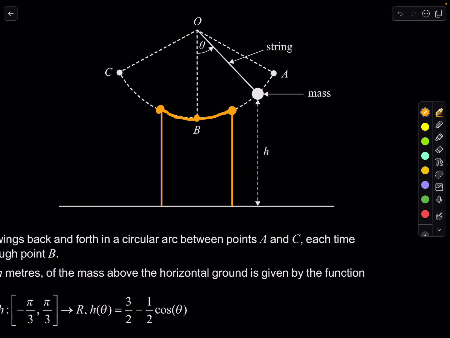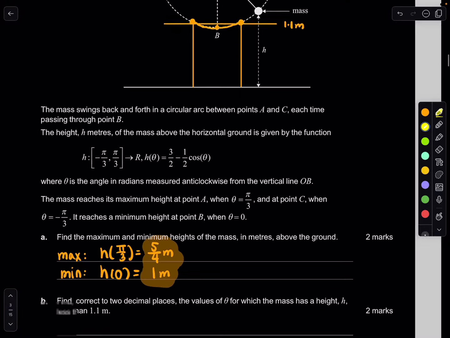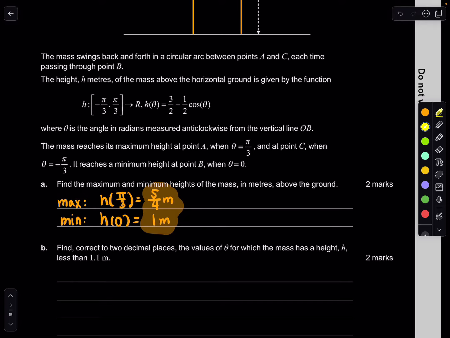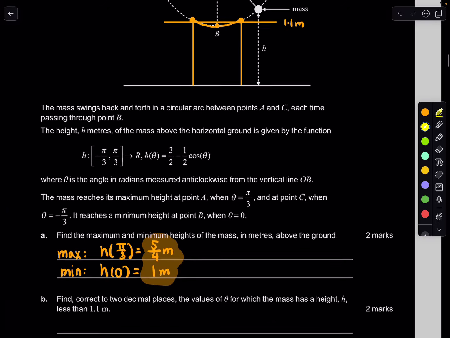Also the same height. So if we draw a nice straight line and say this is 1.1 meters, we can see what angles give these possibilities: the values of theta for which the mass has a height less than 1.1.